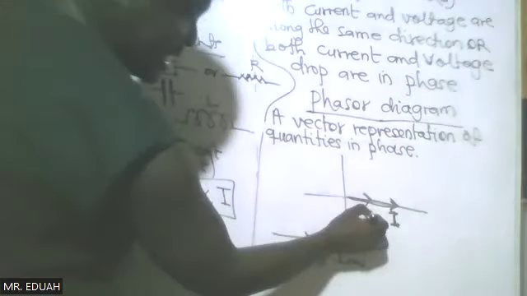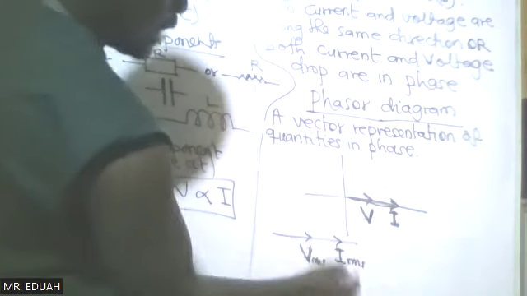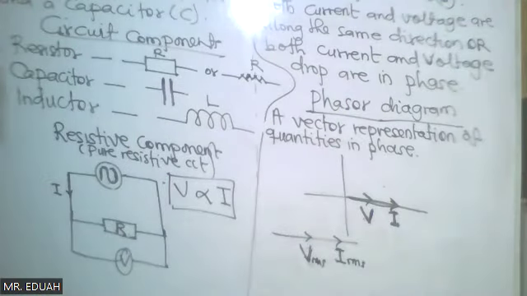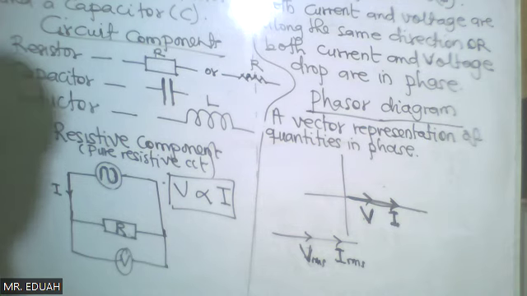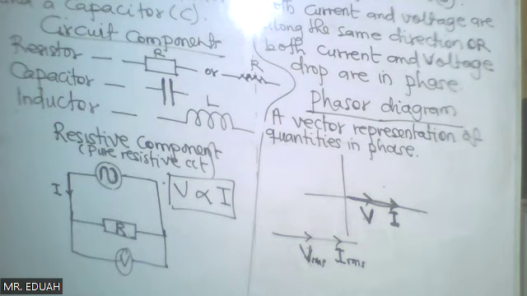If I don't indicate it, then it means we are looking at the effective value of current and voltage. We use the root mean square quantities. All right. Then let's look at alternating current through the other components, the capacitor and then the inductor.